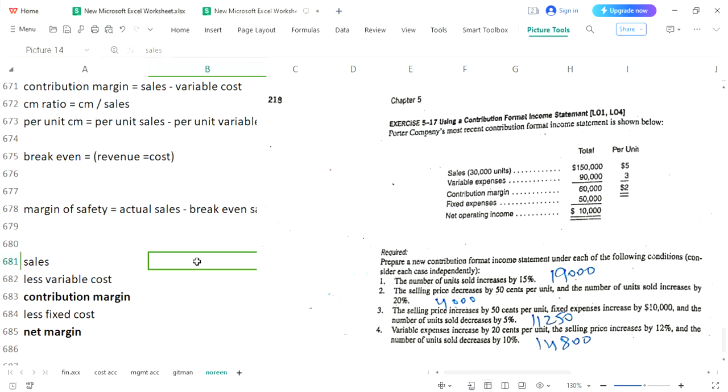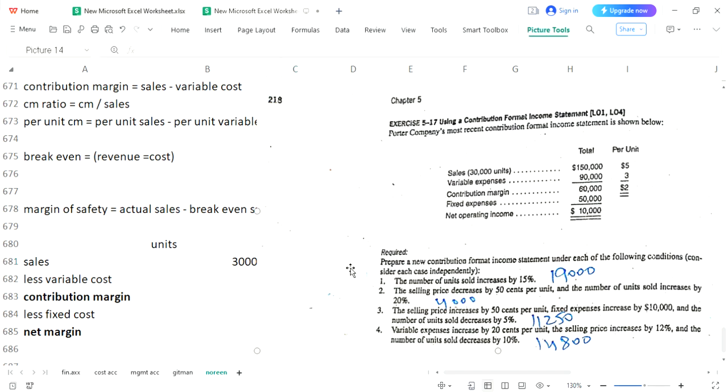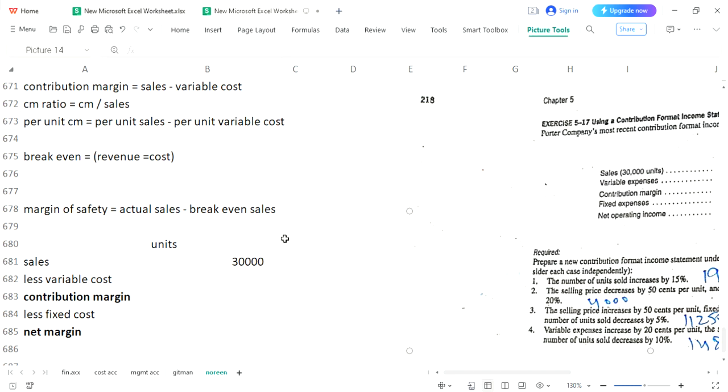So the first thing we write is units. How many units are they preparing? 30,000. Put 30,000 over here as a record. Then in the next column you write per unit cost. Actually these columns are a little wide, so I'm worried.